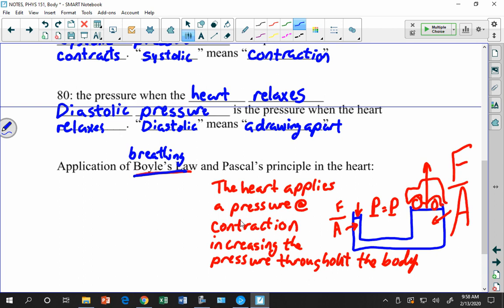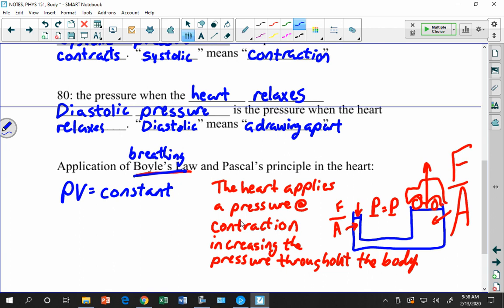Boyle's law describes the relationship between what and what? Volume and pressure. So Boyle's law says that PV is equal to a constant. And if I make my chest cavity really big, V goes up, the pressure goes down. And that's why I inhale when I make my chest cavity big.